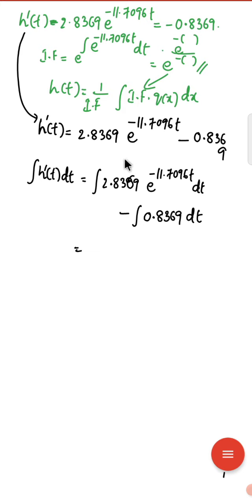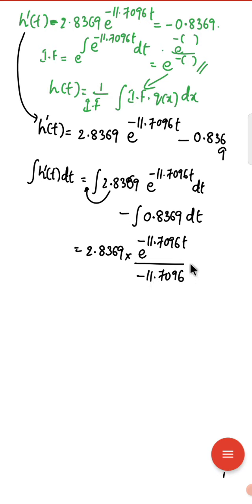So we know this is a constant, this will come out of the integration, and this is e power ax. So the integration of that will become 2.8369 into e to the power of minus 11.7096 t by minus 11.7096.